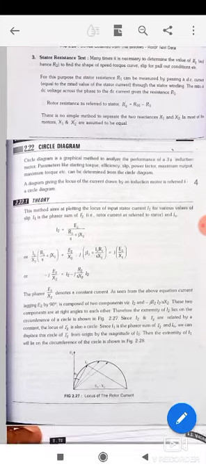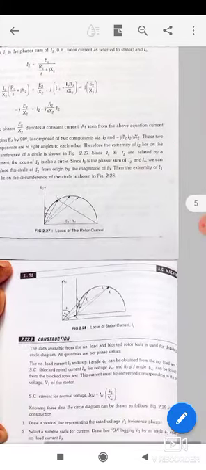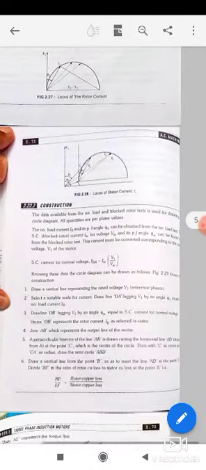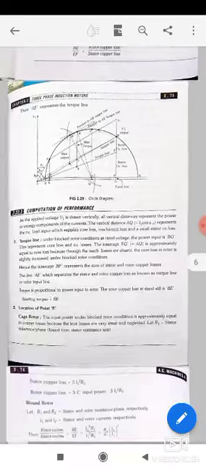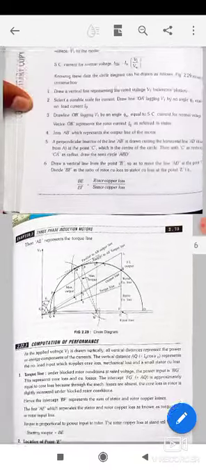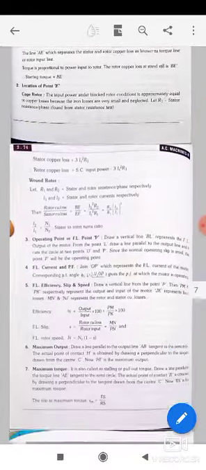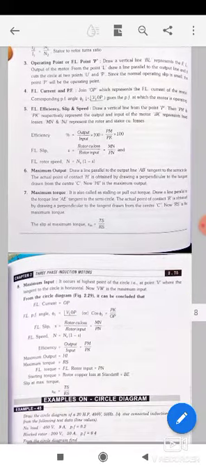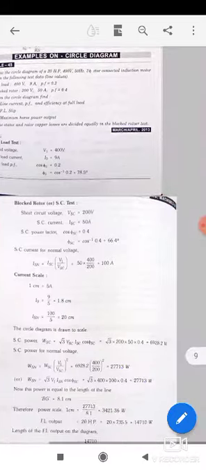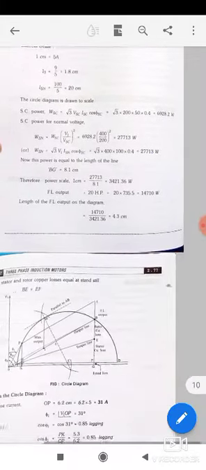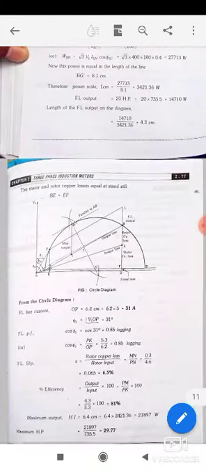The theory behind the circle diagram is a little less important, and there are also constructional steps we have to follow. But instead of explaining this in detail, if you solve one problem, then it is more than enough. By solving the actual problem, you can easily understand the concept of the circle diagram.